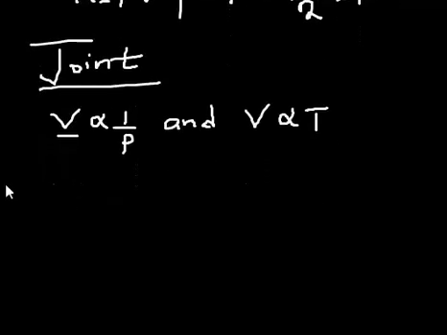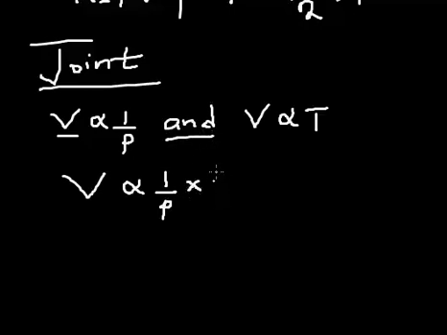So now to combine the two variations, I can simply say that v varies with 1 over p, then times t. For joint variation we use multiplication. So v varies as 1 over p, then times t. Of course the same thing happens here: I need to bring in an equal to, then introduce a constant. That's going to be kt divided by p.